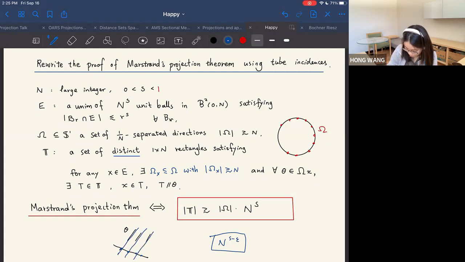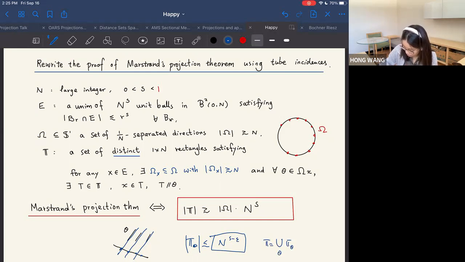So for each theta, there will be fewer than n to the s minus epsilon many tubes that can cover E. This is equivalent to the statement that the projection image of E along theta is small. And then we take T to be the union of those tubes over theta.